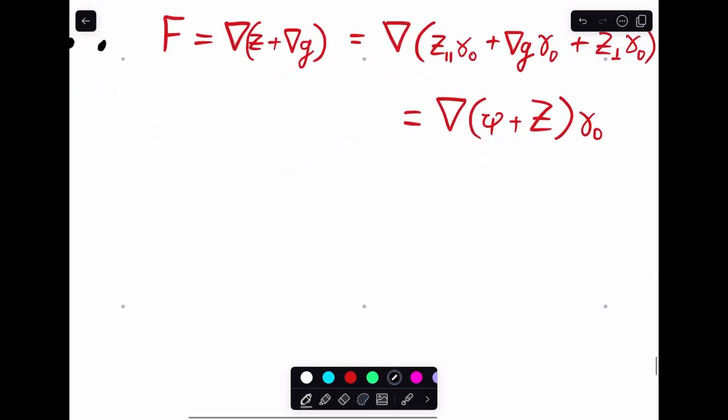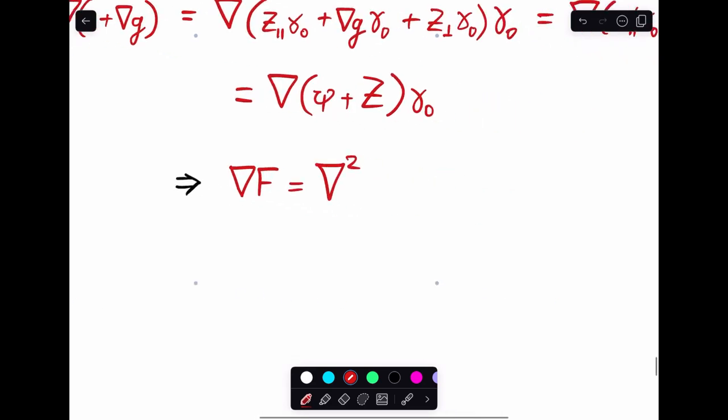And this implies that the gradient of f, which we know is 0, becomes the Laplacian, or the D'Alembert, of C plus Z gamma naught equal to 0.